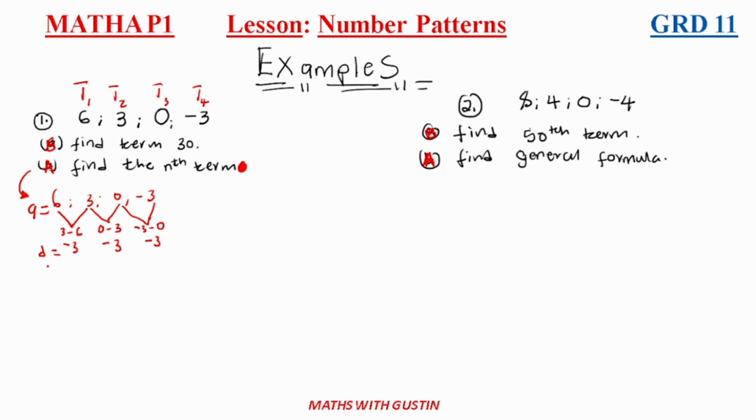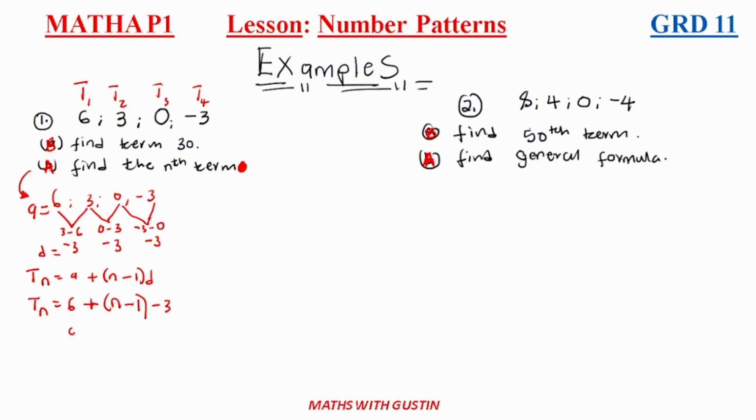So we come into our equation here. We say Tn is equal to a plus n minus 1 times d. We substitute this into our equation. Tn is equal to a, which is the first term, 6, plus n minus 1. We don't know what n is because we are looking for the nth term, and our difference is -3.